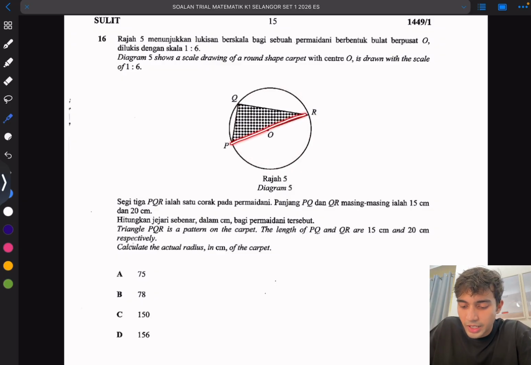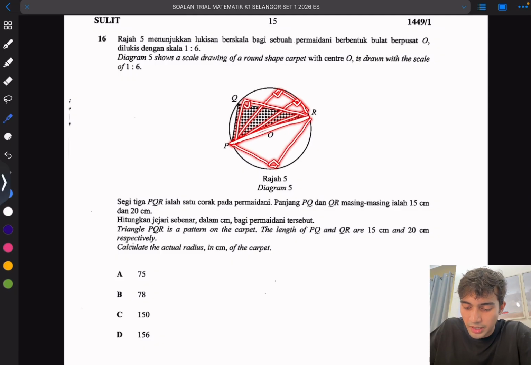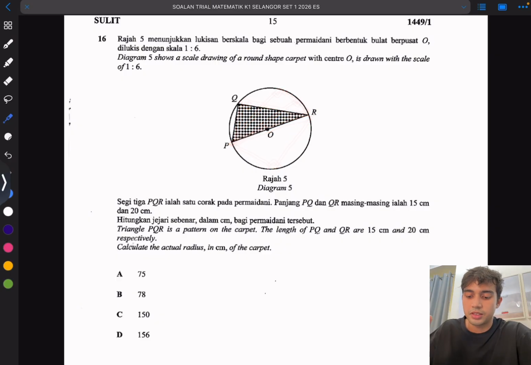If we have the diameter like this, whatever triangle you draw, it will be a right angle triangle. It doesn't matter where you draw your triangle, as long as this side is the diameter, all triangles are right angle triangles. So this triangle will be right angle.